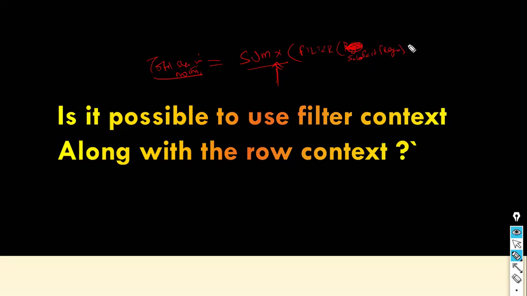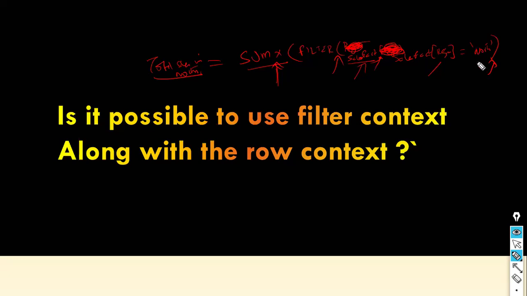The first argument is supposed to be a table name, sales fact, comma. Here you can specify the filtering condition: in the sales fact table, region is equal to north. Close this one. The first argument is your table name, and the second argument can be an expression or filter condition.